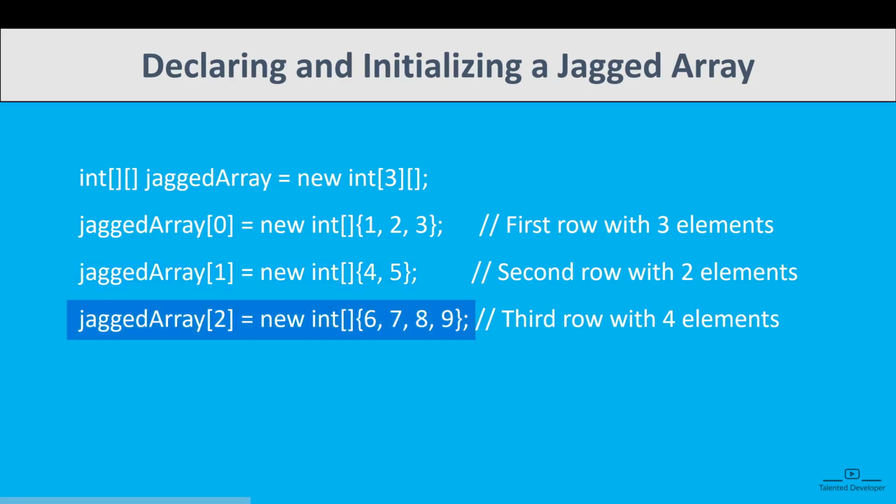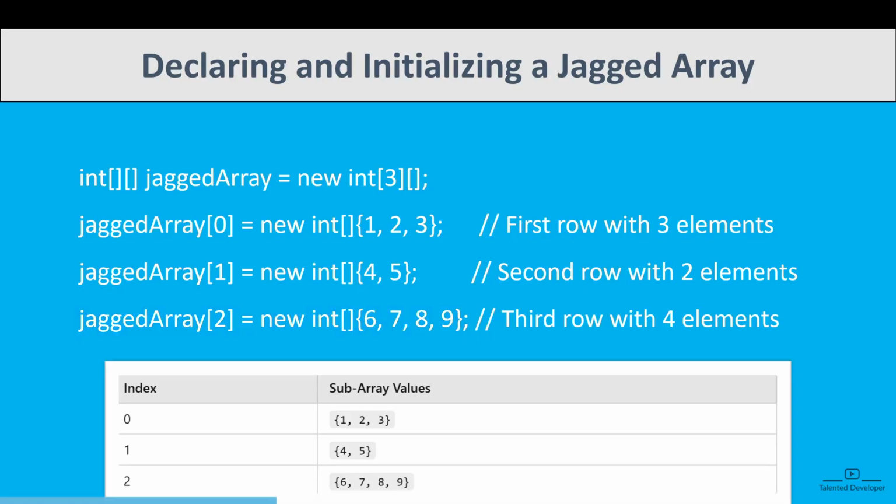And jaggedArray at index 2, the third sub array, is assigned an array of size 4 containing the values 6, 7, 8, 9. So you can see, at index 0 we have 1, 2, 3. At index 1 we have 4, 5. And at index 2 we have 6, 7, 8, 9.